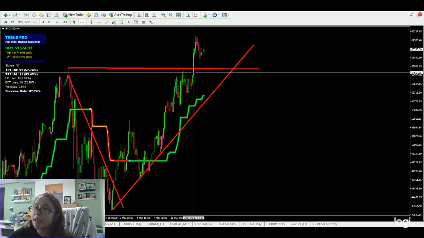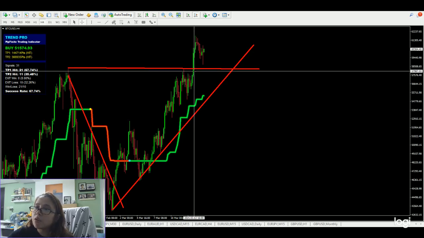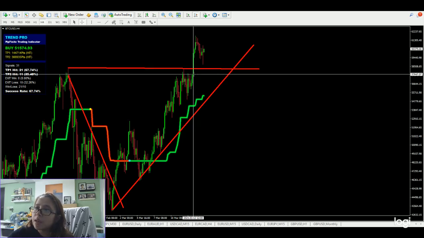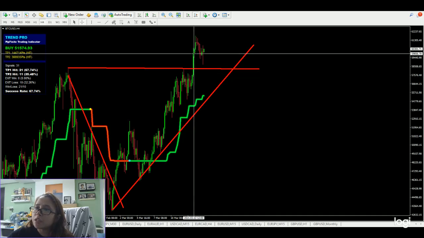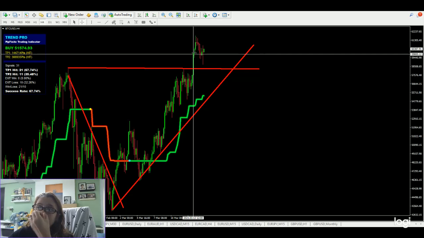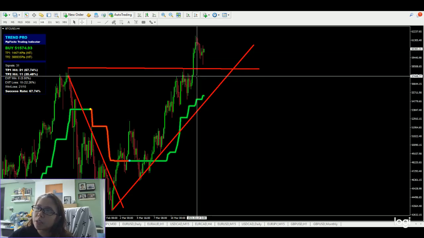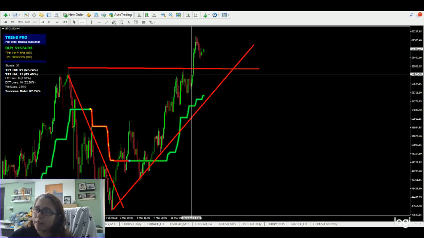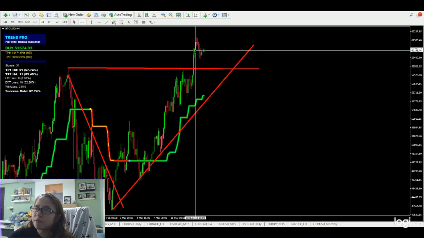And how did I say that? It's because look at this candle. This is very big, and the close of the candle is way prominent. It's way obvious that the close of the bar is way higher than its open. So this is a definitive break.